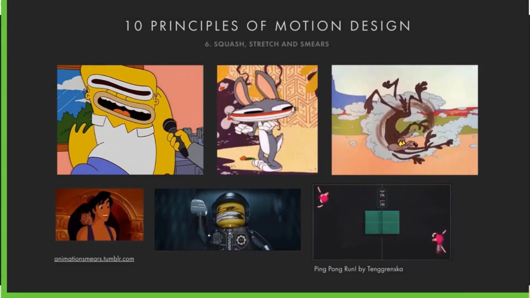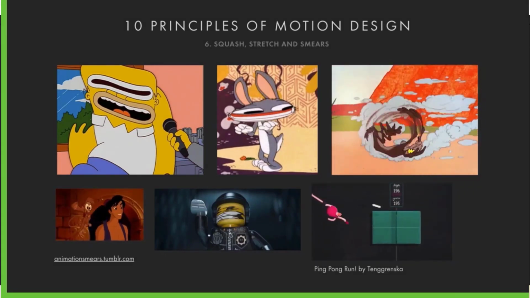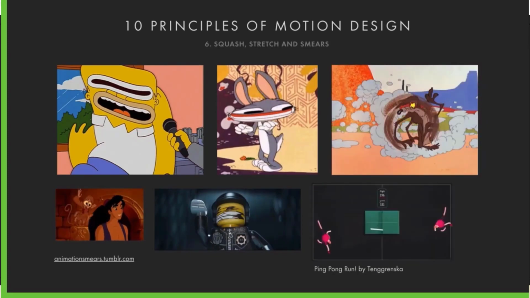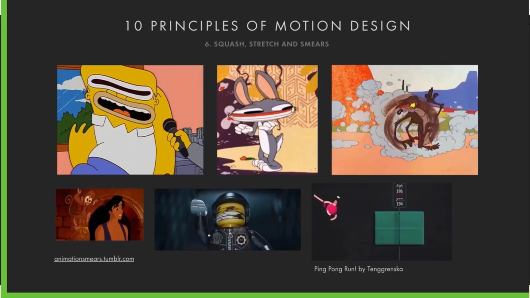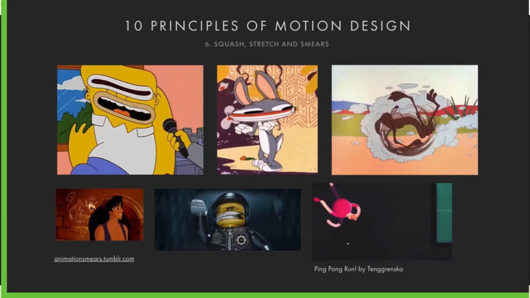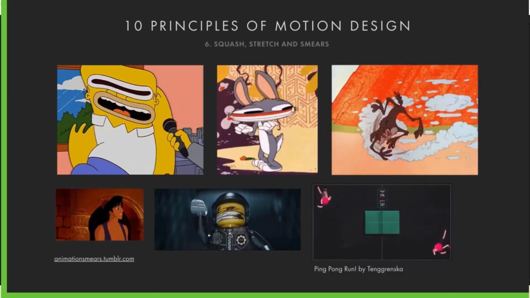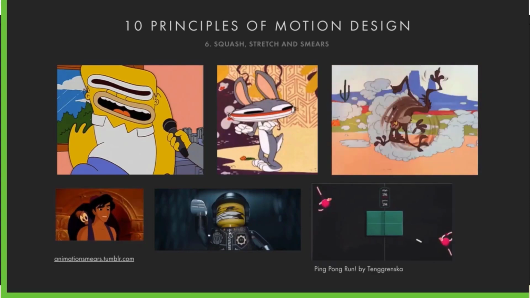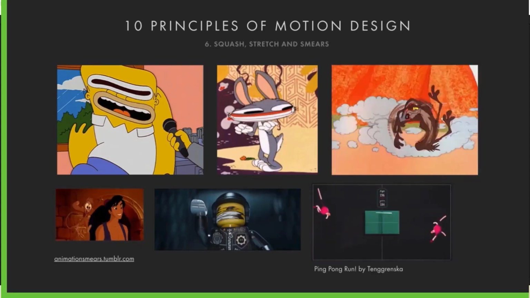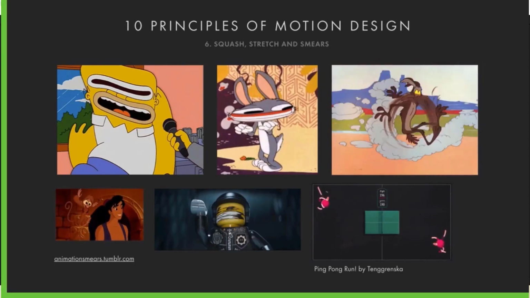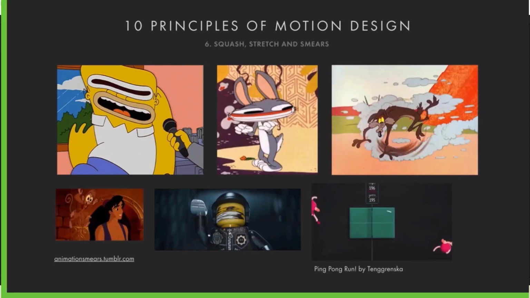Here you can see the Simpsons, and this other cartoon here, having this smear. The idea is that it gives the sense that this particular thing is in motion, is in speed.